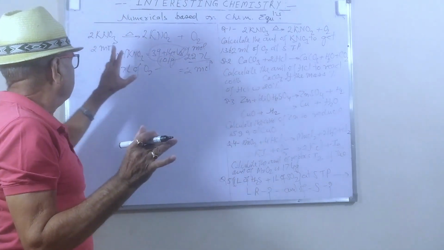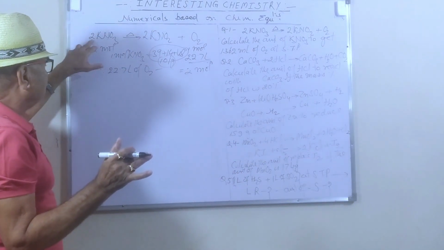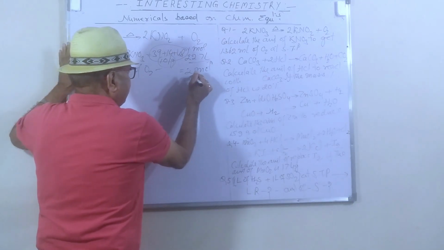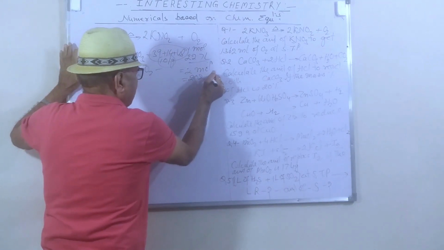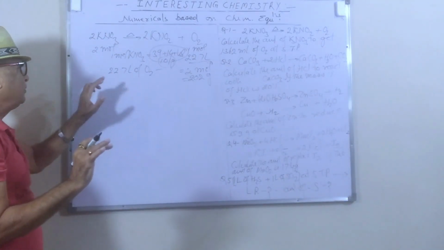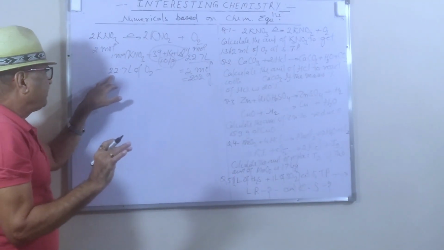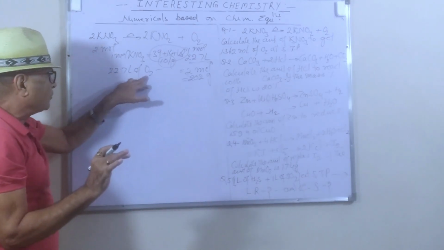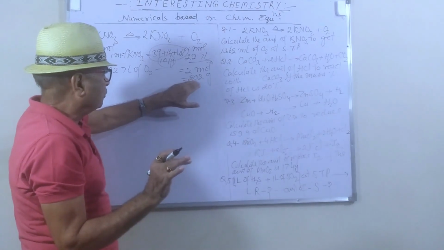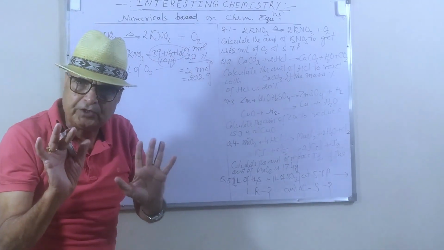So here 2 moles of KNO3 is required. So you can write here directly 202 gram KNO3 is required. So again I am telling you, 22.7 liter of oxygen is produced by 202 gram of KNO3.